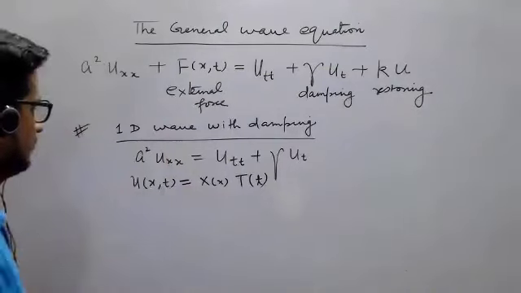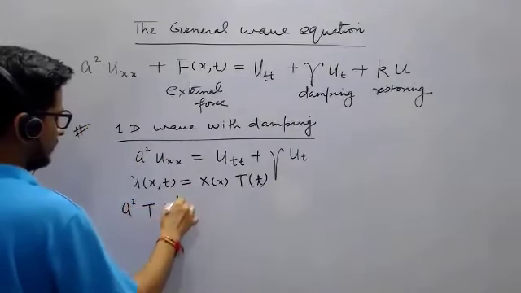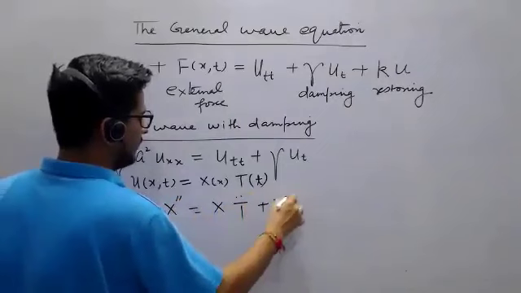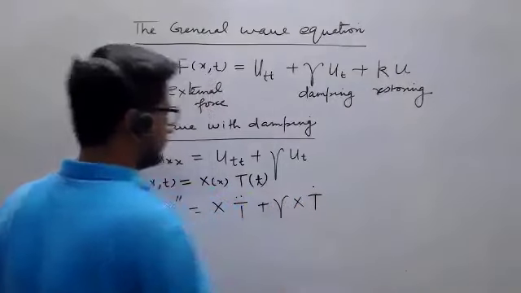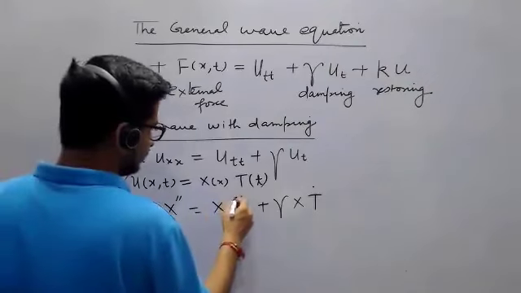And if you substitute here, you will get a square t x double dash is equal to x t double dot plus gamma x t dot.